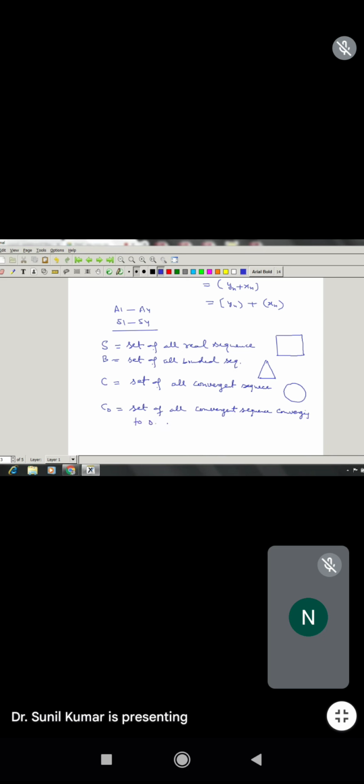Sometimes we call this a null sequence, and we denote this by, let it be a rectangle, right?